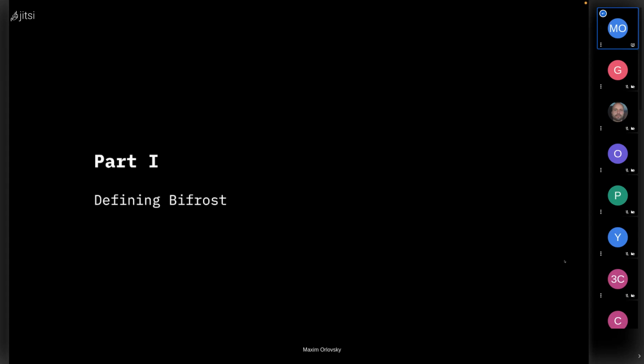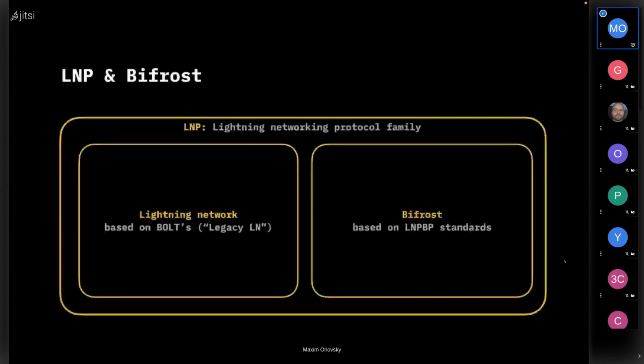So, defining Bifrost. Those who participated in our calls are already familiar with the concept of LNP, which is Lightning Networking Protocol.